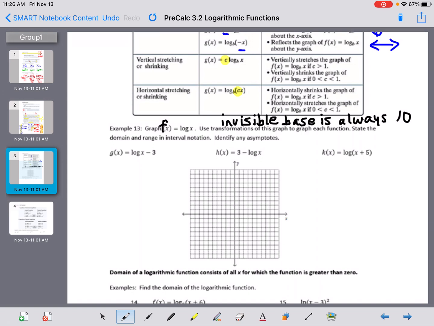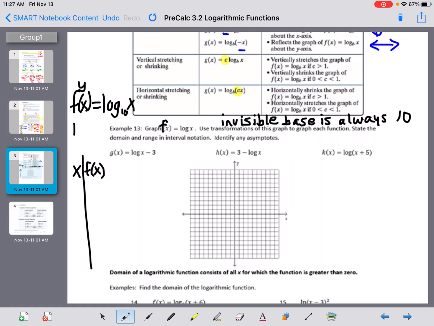So we're going to go ahead and graph the parent function f of x equals log x. Taking a step back, f of x is log, with our invisible base 10, of x. This is my y.